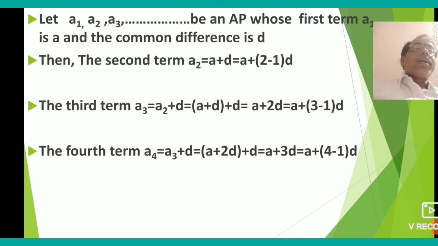That's why A plus 4 minus 1 into D. So A4 is directly A plus 4 minus 1 into D. Previously, A3 is directly A plus 3 minus 1 into D, and A2 is A plus 2 minus 1 into D. For A1, you can write A plus 0 into D, that is A plus 1 minus 1 into D. So see the process, step by step we are reaching the formula of An.